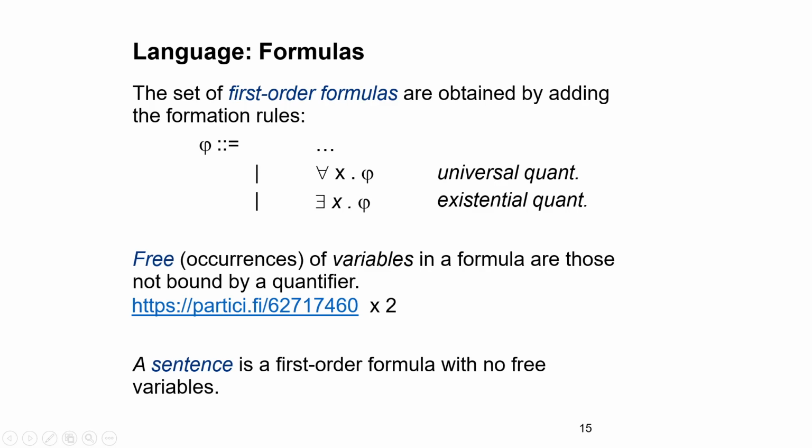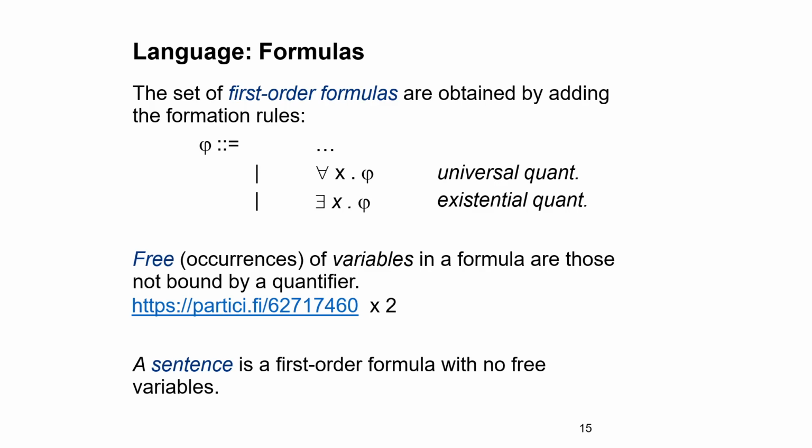And then there's something called free occurrences of variables. Those are where the variables are not bound by a quantifier. So what does a quantifier look like? A quantifier always has some kind of variable that it quantifies over. And this formula here, if it's not a ground term, can have many variables, right?